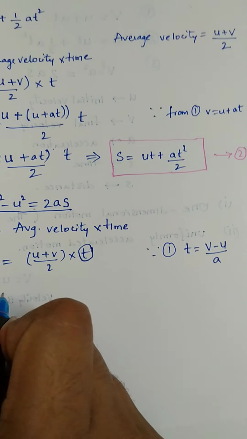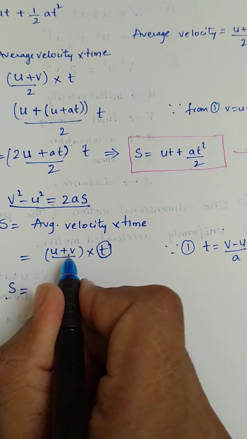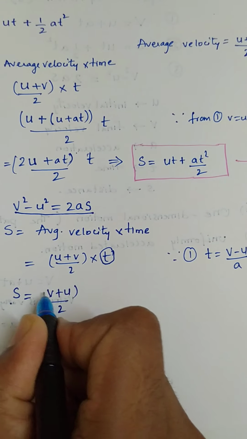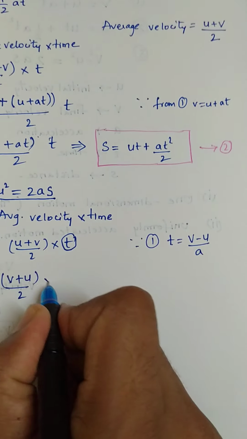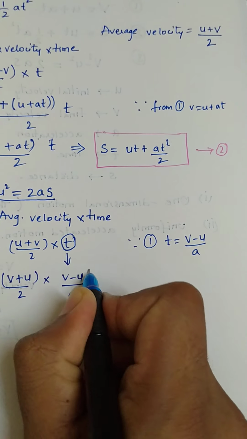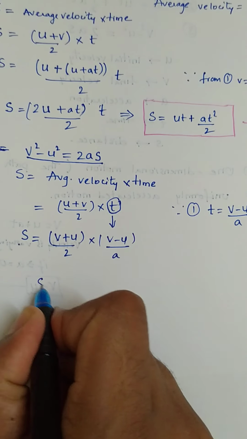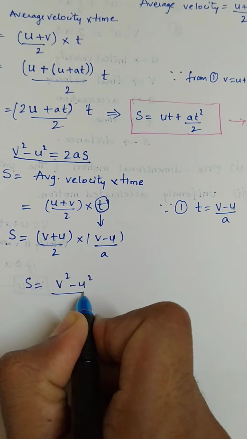So continuing further, s is equal to, I'm just rearranging the terms. Instead of writing u plus v, I'm writing v plus u just for convenience. And now with respect to t, I'll use this (v minus u) by a. So you get s is equal to (v square minus u square) by 2a.